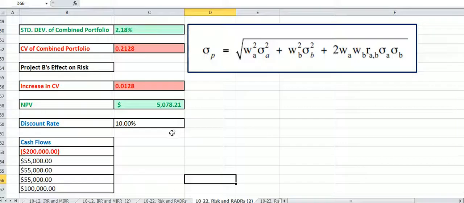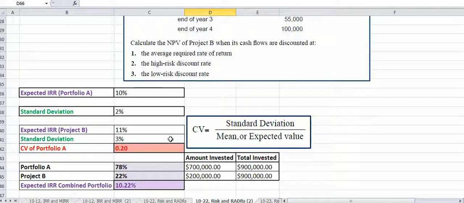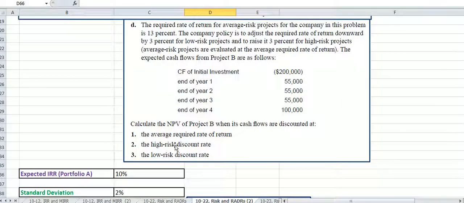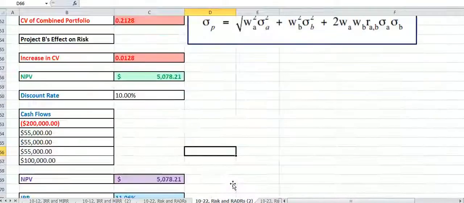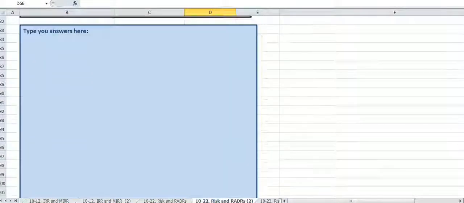When you plug in those values, you can answer the last question: calculate the net present value at each of these three discount rates. The average is 13%, the high risk is 16%, and the low risk is 10%. I believe that about does it, but you have to put in all your answers here. Anyway, that finishes up problem 1022.